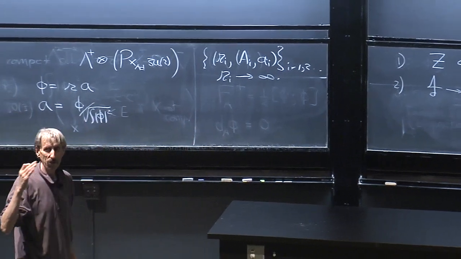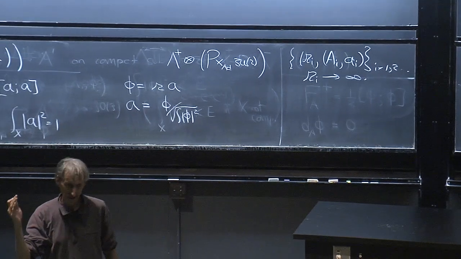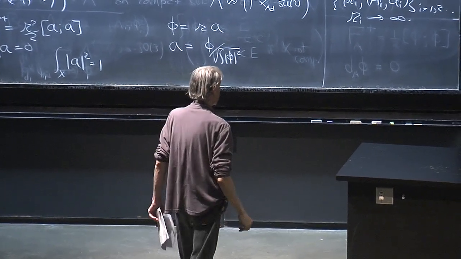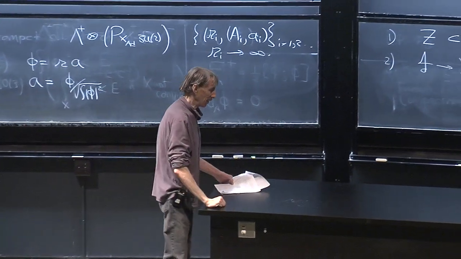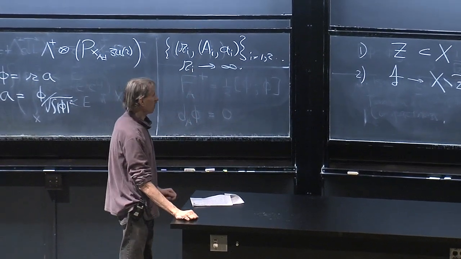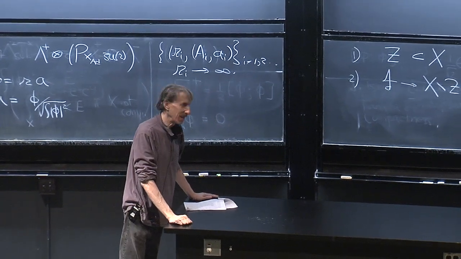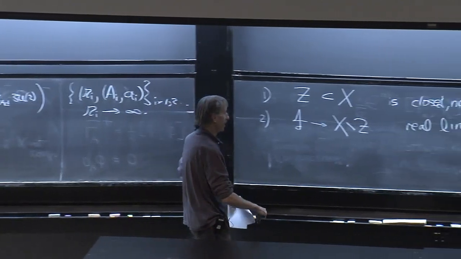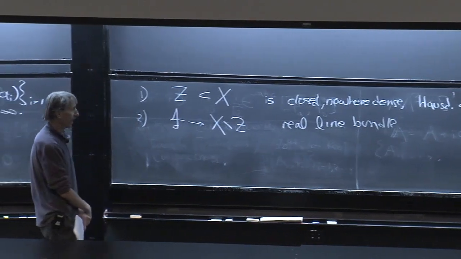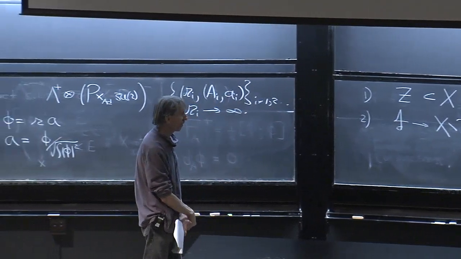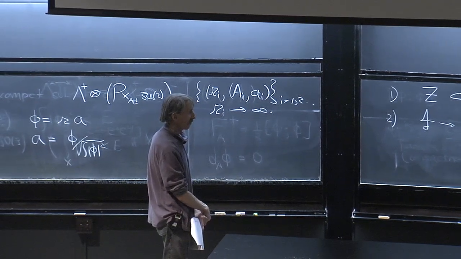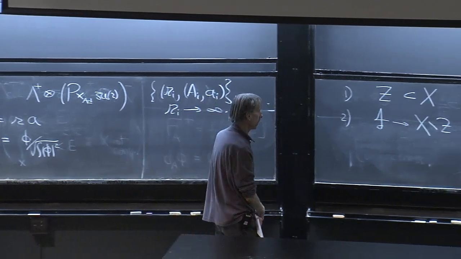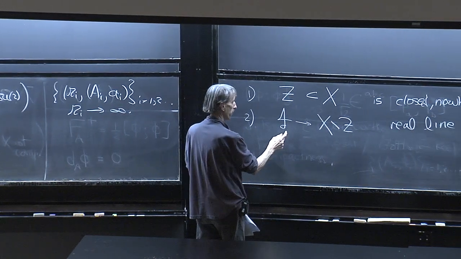So real line bundles, I think of it as having a sort of canonical structure, locally it looks like R, okay? And it has a metric on it, and you can take covariant derivatives, and you can take exterior derivatives if you have sections of a real line bundle tensor with a differential form. You can take covariant derivatives and exterior derivatives.